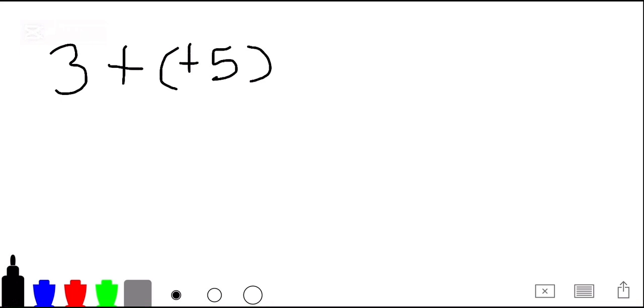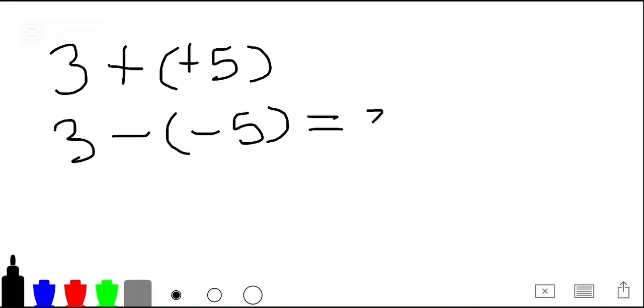It's so much easier to do this because subtracting like this is way harder. So 3 minus negative 5 equals 8. It's very simple because 3 plus positive 5 is also 8, and it's basically the same thing. It's just you have to show your work by what you did there.